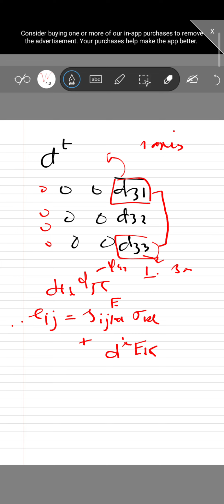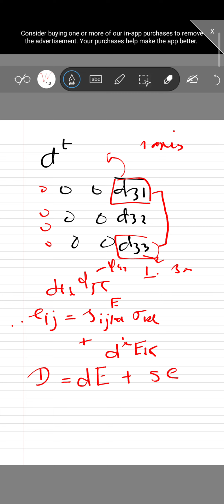Now if we write the same thing in the opposite way, that means we are assuming that some sort of electric displacement has taken place, and it is due to the piezoelectric effect, D into E, plus the compliance into the strain. Okay.